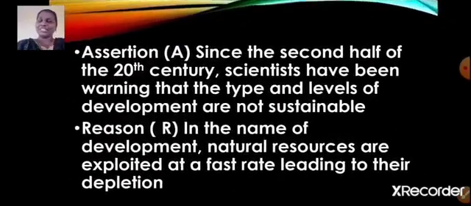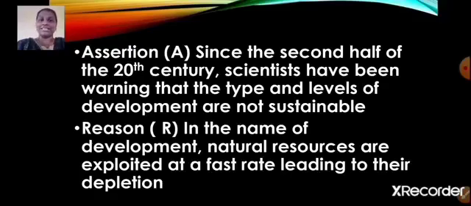Let us read the question once again. Assertion. Since the second half of the 20th century, scientists have been warning that the type and levels of development are not sustainable. Is the statement correct? Yes, it's true. Let us read the reason. In the name of development, natural resources are exploited at a fast rate, leading to their depletion. Is this statement correct? Yes. So both are correct.